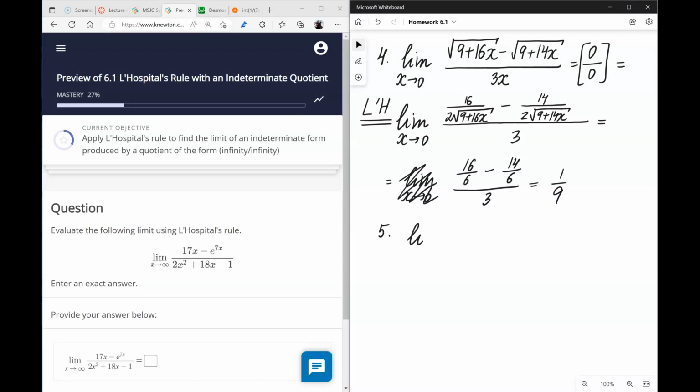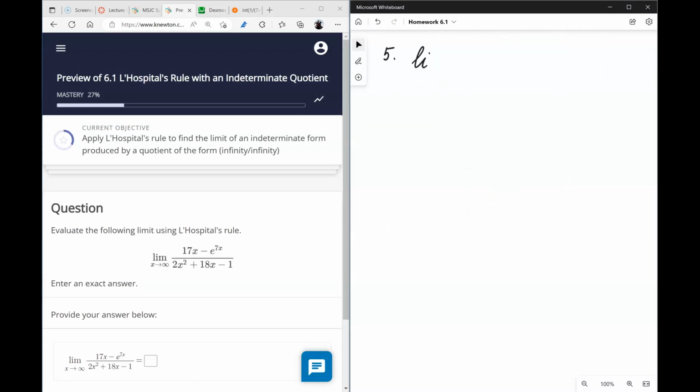So we have another limit. So here we have infinity over infinity.